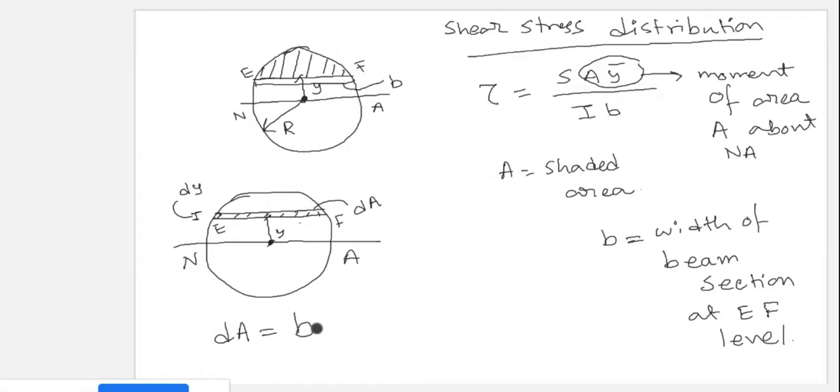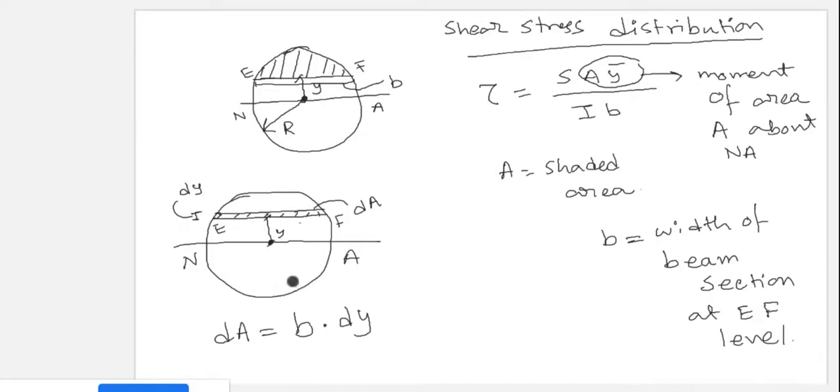B, the width of this elemental strip or the beam section at EF level, into dy. That is the area. But do we have any information about B? No, we do not know the value of B as of now.